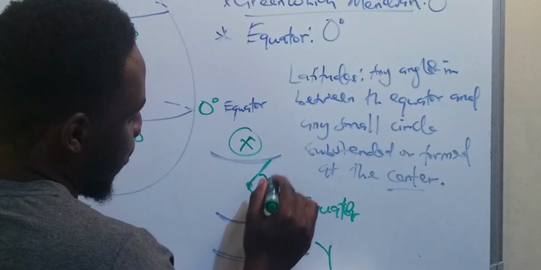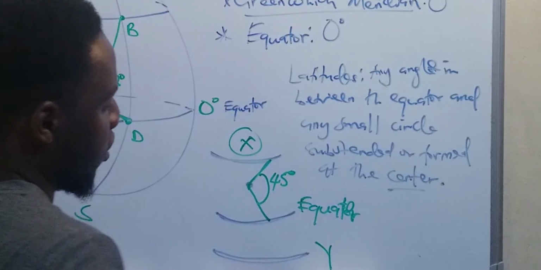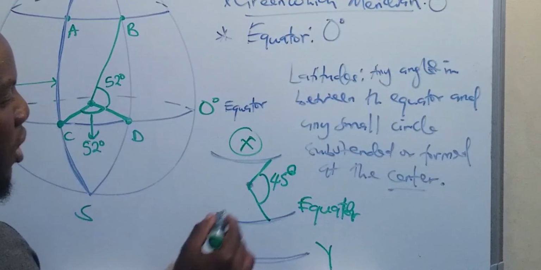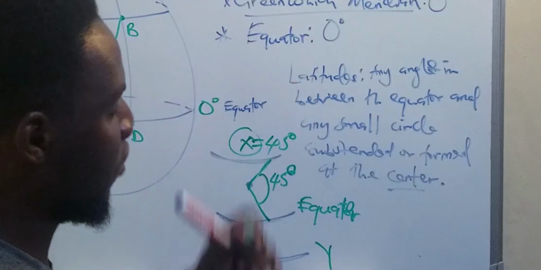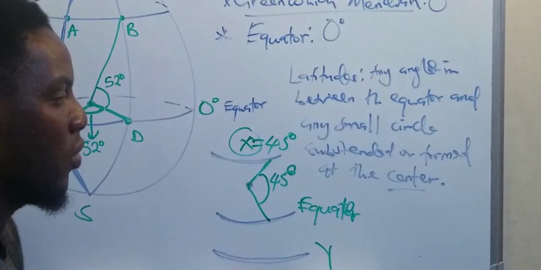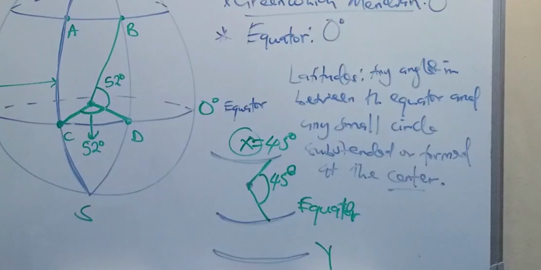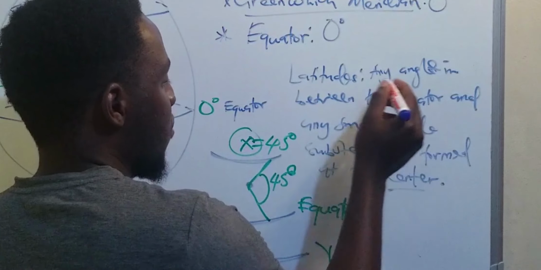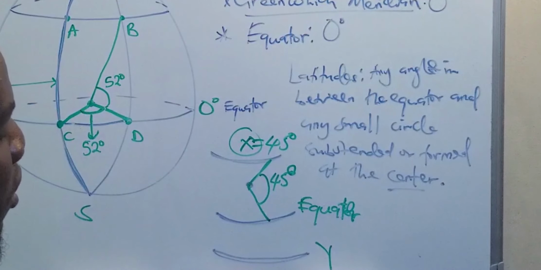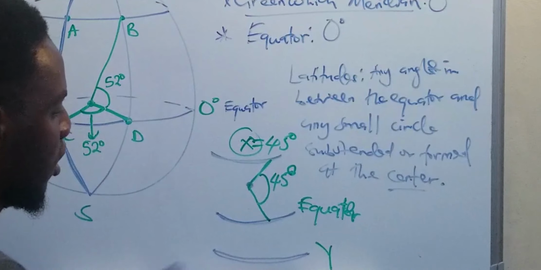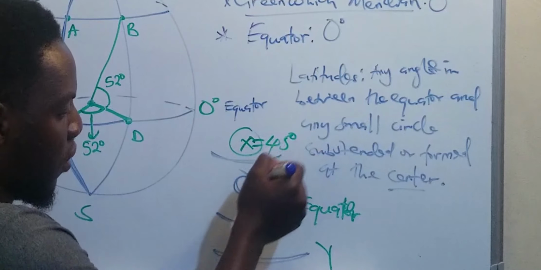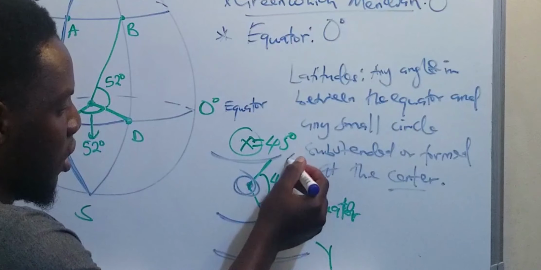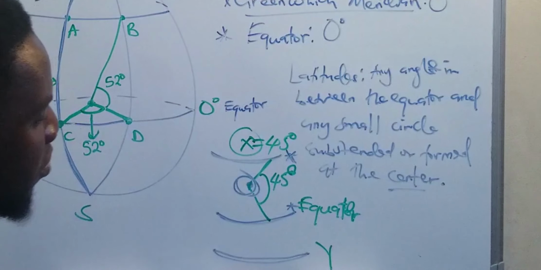Supposing this is 45 degrees. This means that latitude x is 45 degrees, because according to the definition of latitude here, we're saying any angle in between the equator and any small circle subtended or formed at the center. My center of the earth is there, and this angle is in between the equator here and x degrees, actually lying parallel to each other.